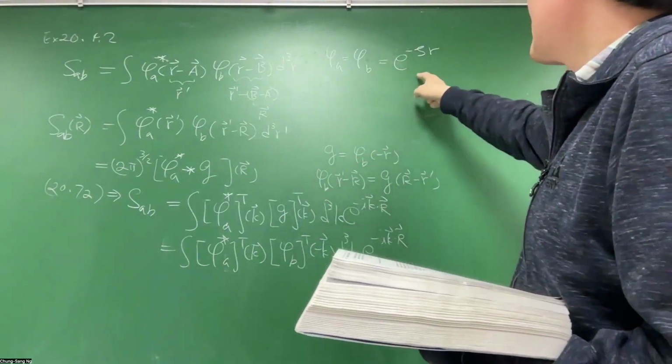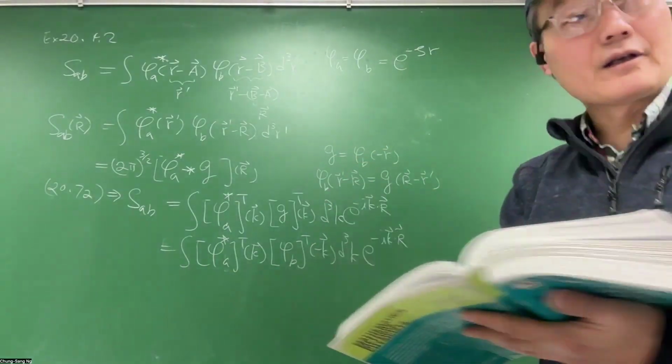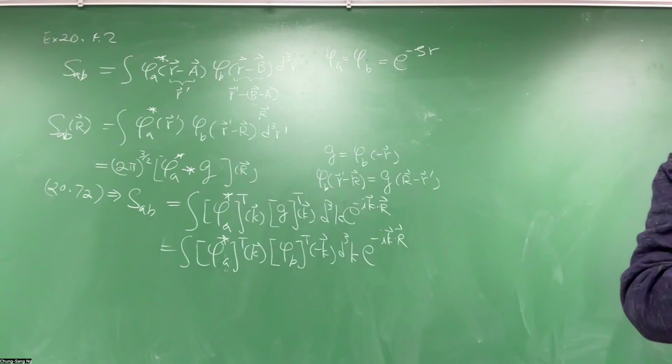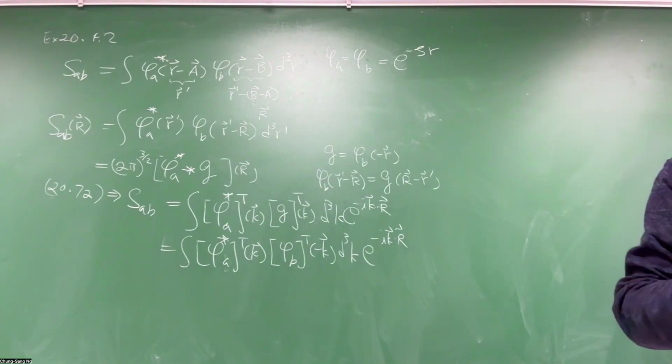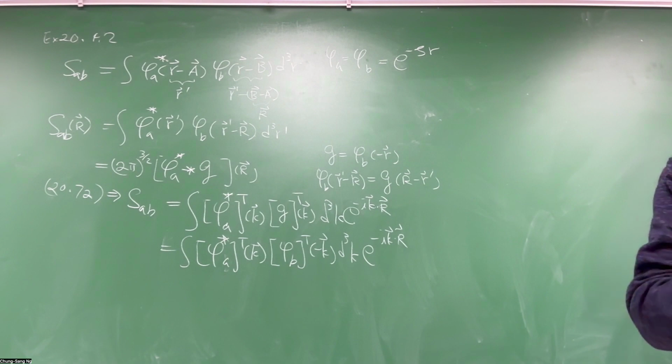And the Fourier transform of this exponential function, we did that in section 2. The rest is just calculation. It's not very interesting, actually. Let's just look that up. Where did we do it?